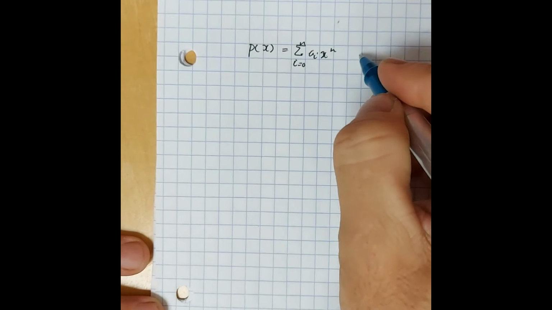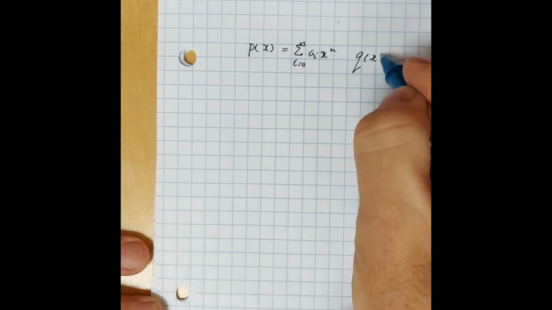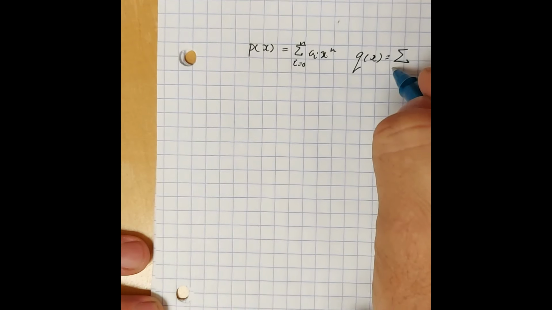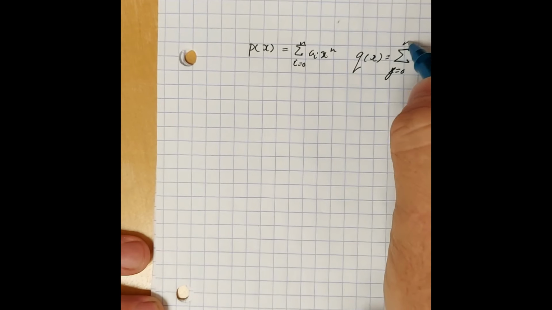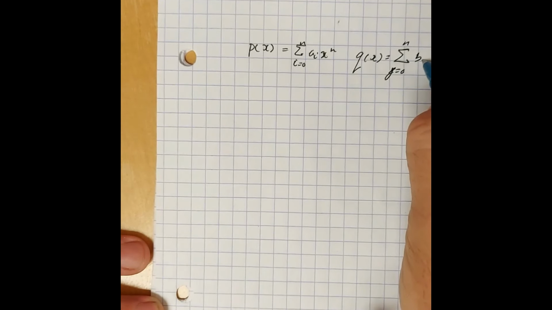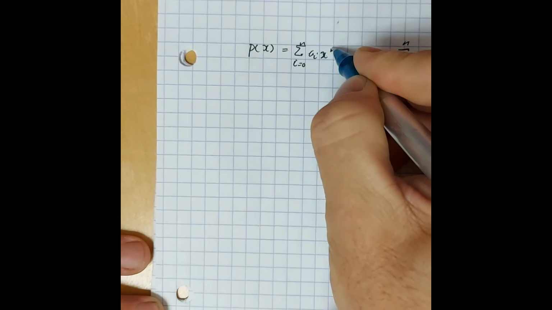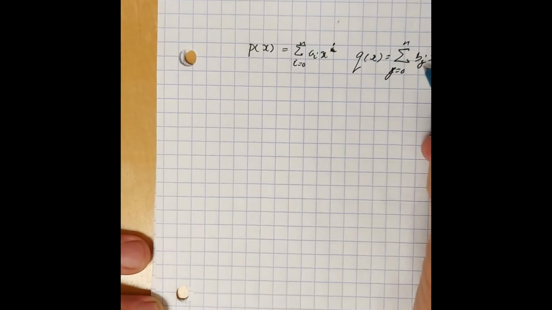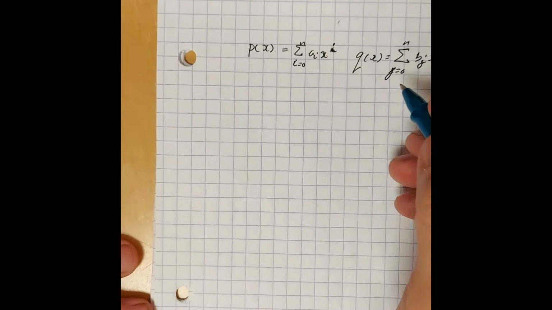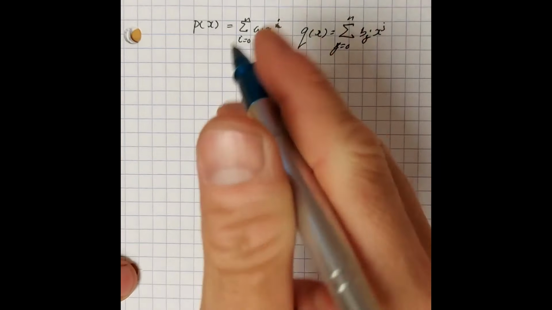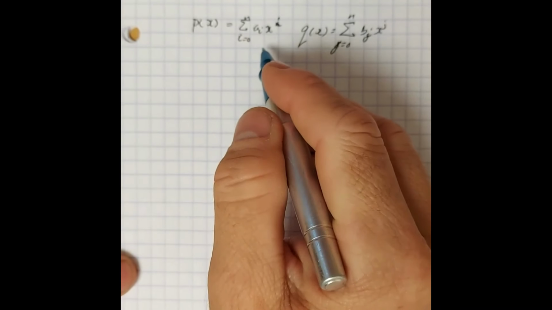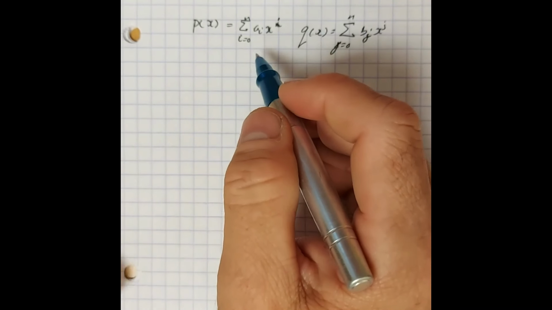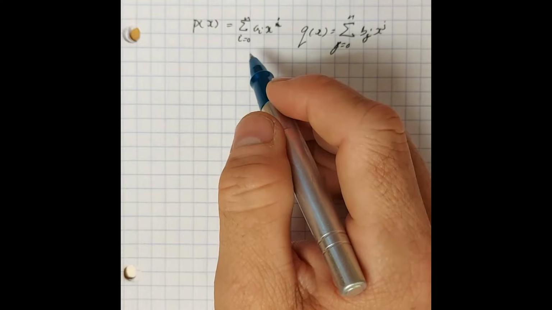We want to show that this, as well as q of x defined similarly for j from 0 to n of b_j x^j, is a vector space.